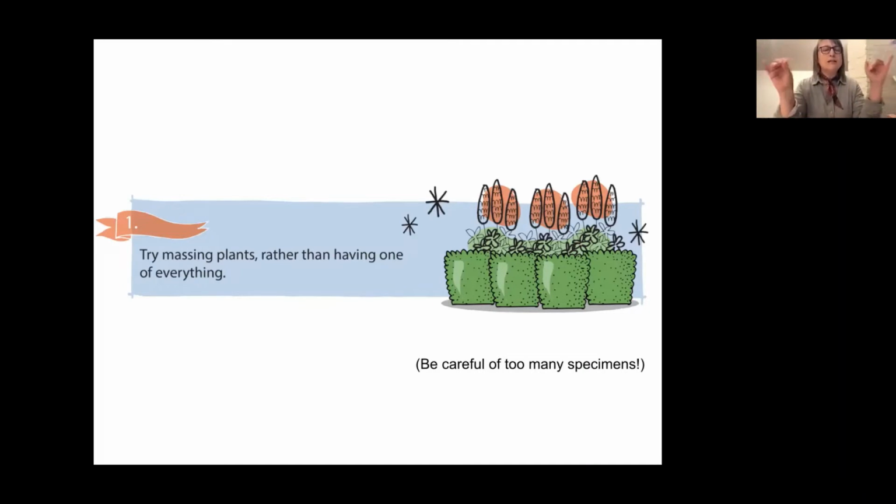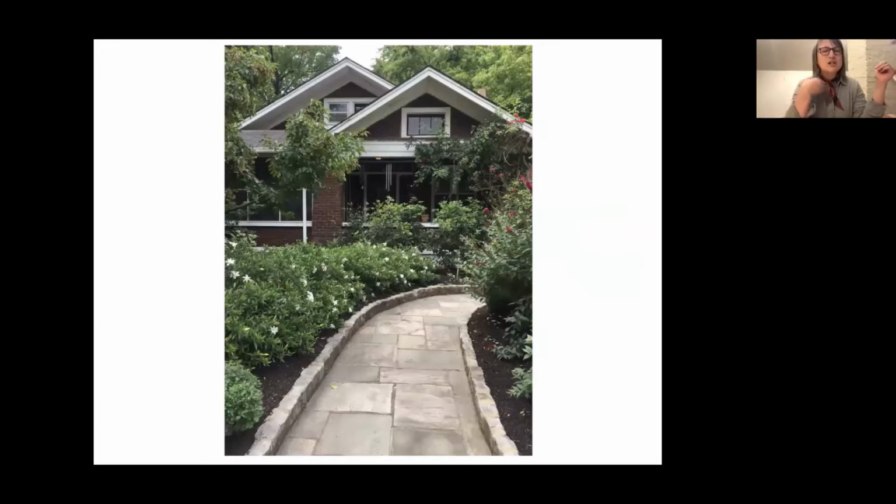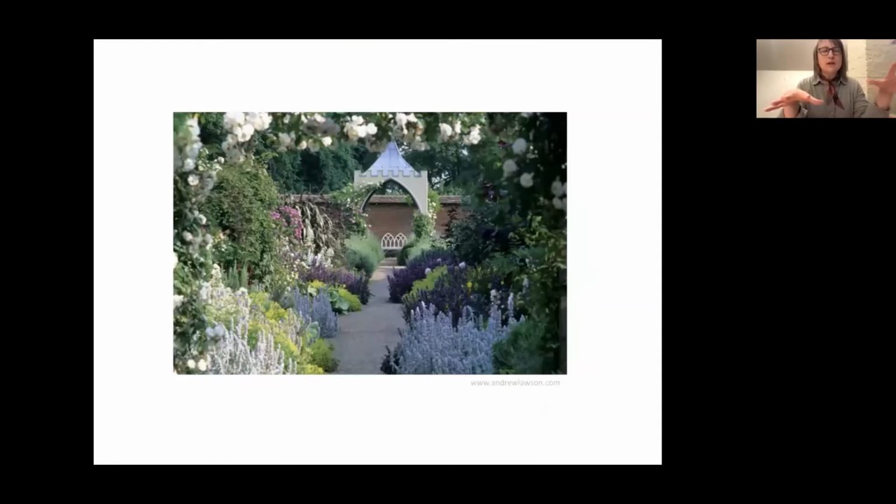So when you have too many specimens, your eye is just all over the place. So when you have a design like this, where things are massed and you have groups of plants, it just feels more unified. Now you can go to the hilt. Like this is a very simple design, and this one before it was actually a little bit busier, but in general though, there's still massing plants and it still feels unified.